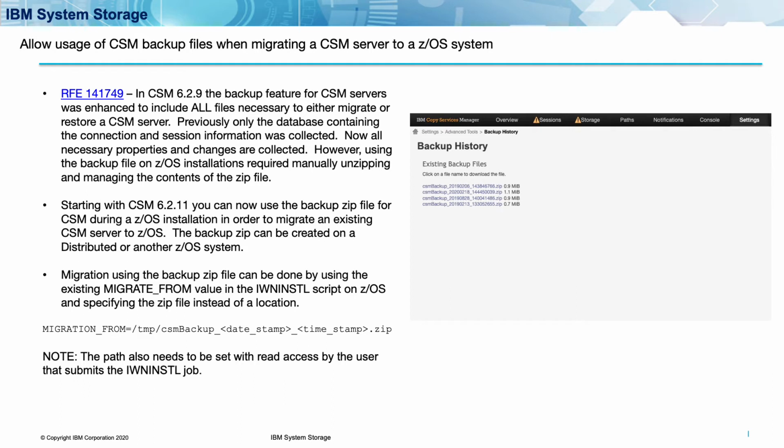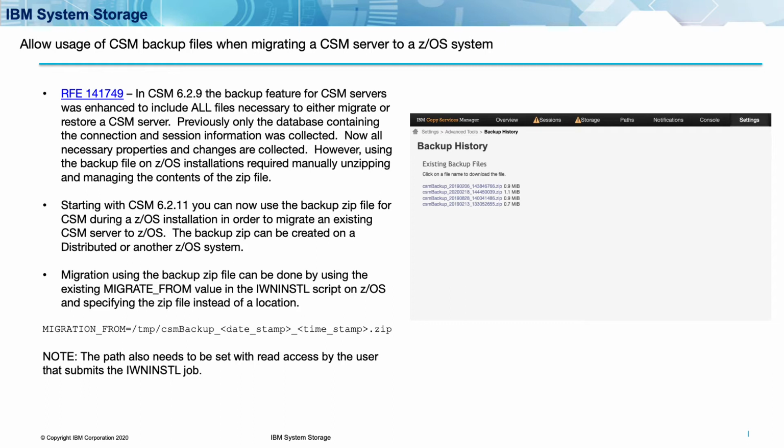So what that does is allows you to use the CSM installer to migrate and use that new backup zip file to completely and totally restore or move a CSM server. So everything that you had changed and managed should be on that new server and you're up and running.